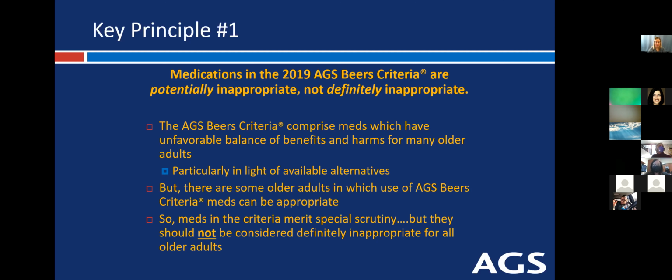They do recognize that there are some older adults in which these medications may be appropriate. So even though it's appearing on this list, it doesn't mean that it's absolutely inappropriate for every older adult patient. The meds in the criteria merit special scrutiny, but they should not be considered definitively inappropriate.